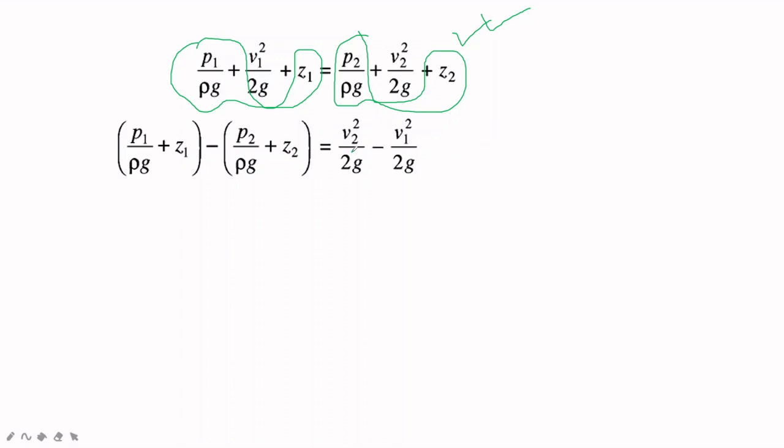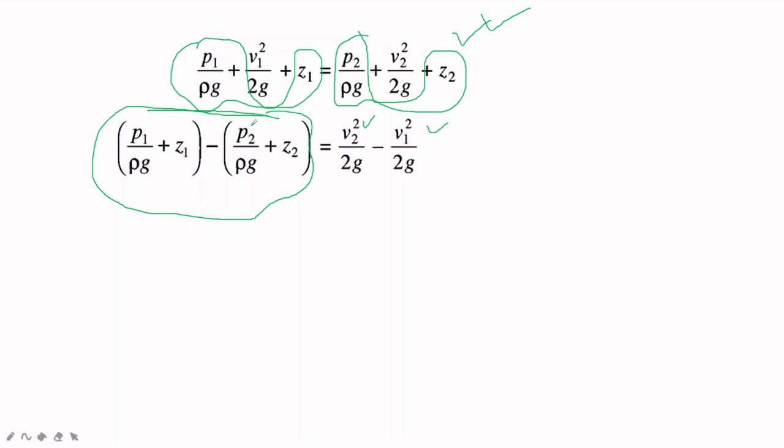So why did we do it like this? Because we want to calculate V1 and V2 first of all, and this difference in pressure heads we can take as H. That's why we took it like this.